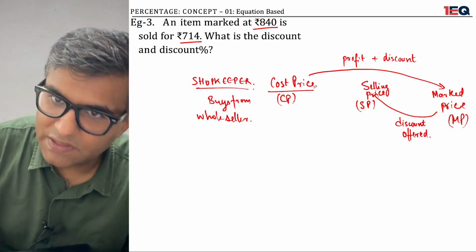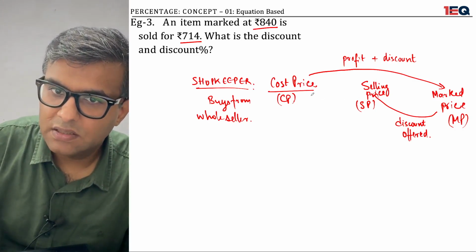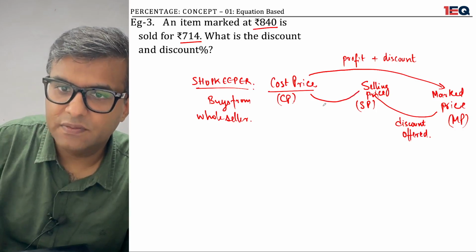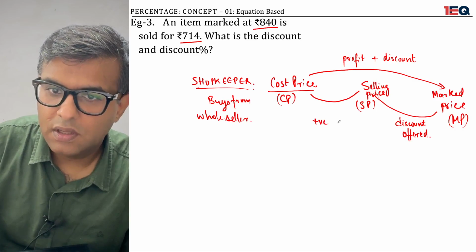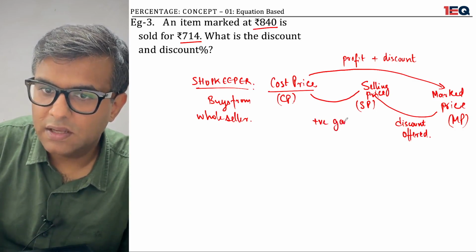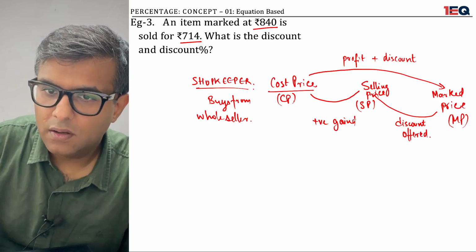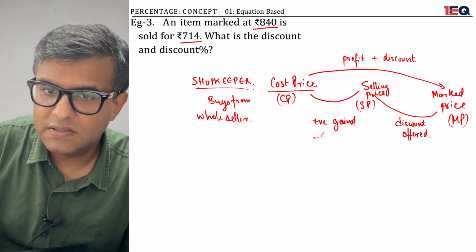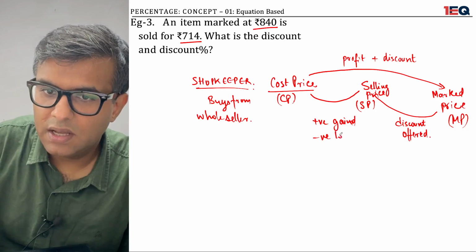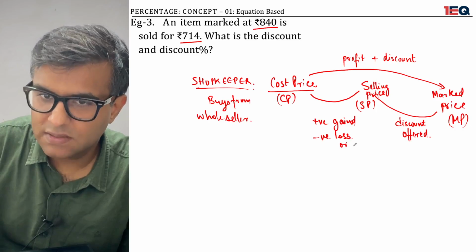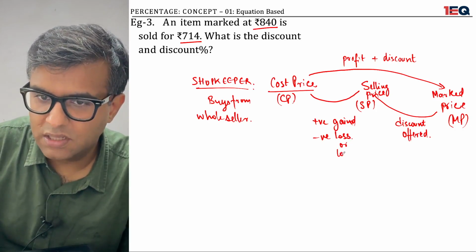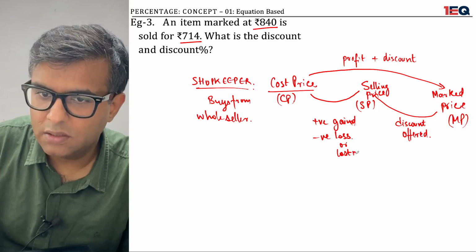And the difference between the cost price and the selling price, if it is positive, he has gained. If it is negative, he has acquired a loss, or he has lost money.